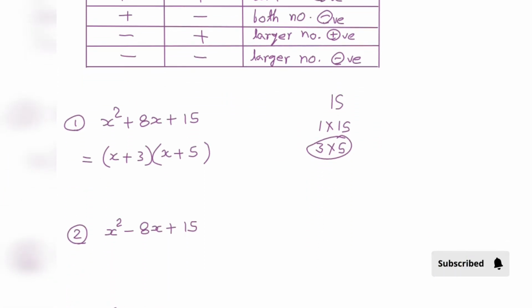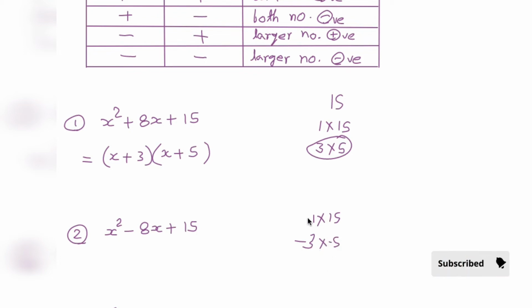Okay, this is another example. Here again the product is 15 and the sum is negative 8. It means this second situation, so both numbers are negative. Again 1 times 15, 3 times 5, but here both are negative. It means negative 3, negative 5.